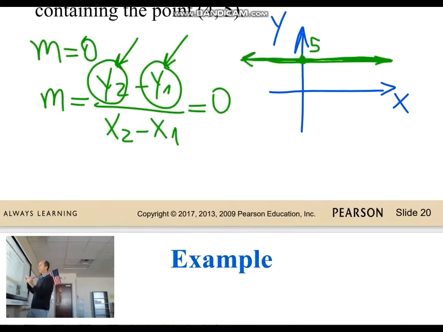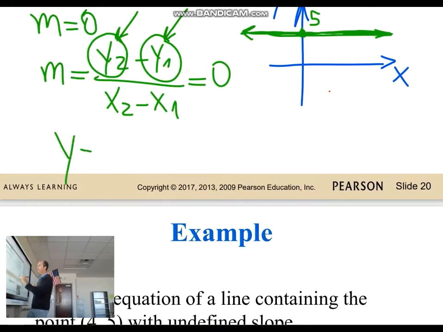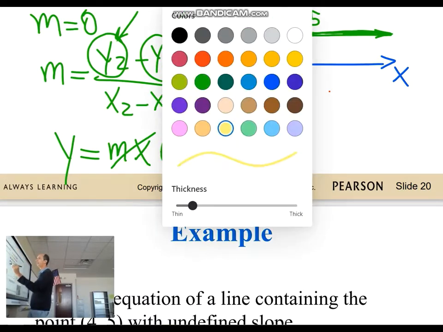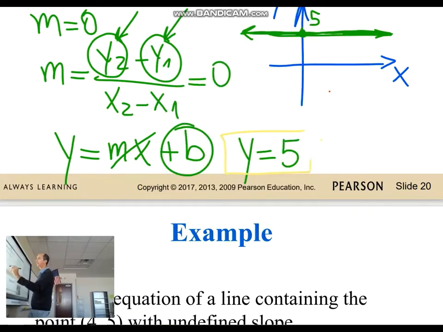So think about the slope-intercept form, y equals mx plus b. This m is going to be 0. Y equals the y-intercept, y equals 5. This is the equation of a horizontal line. Y equals the y-intercept.